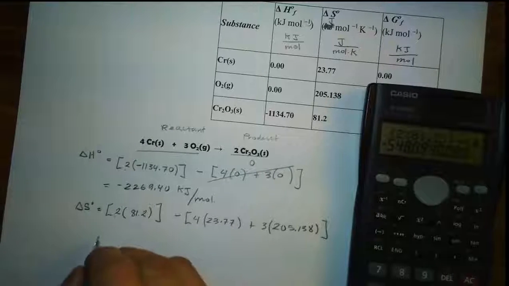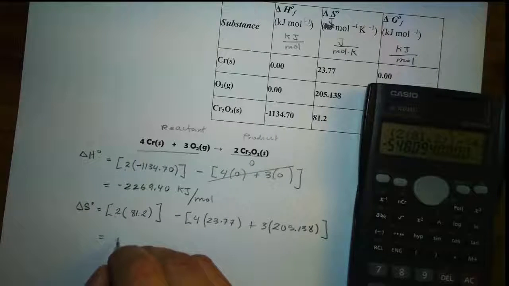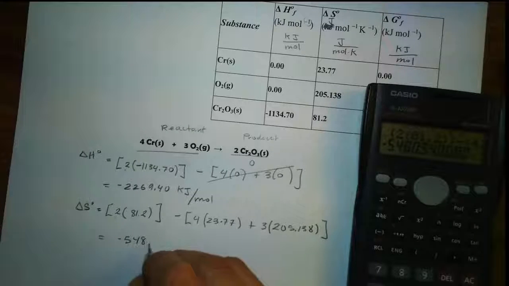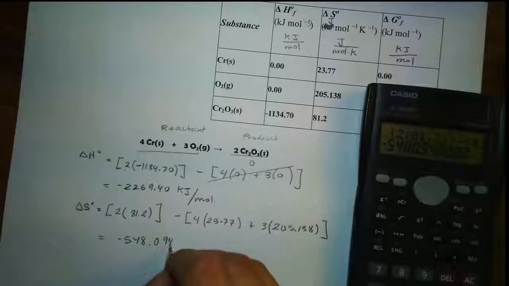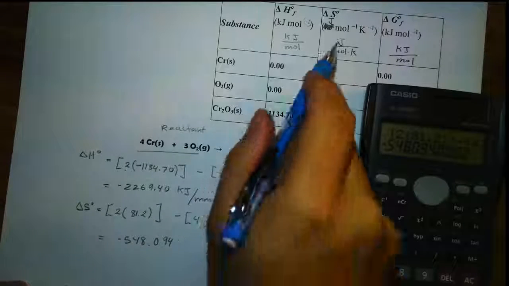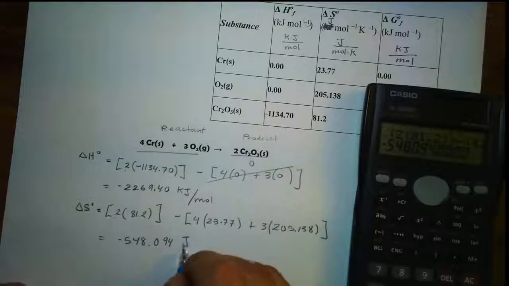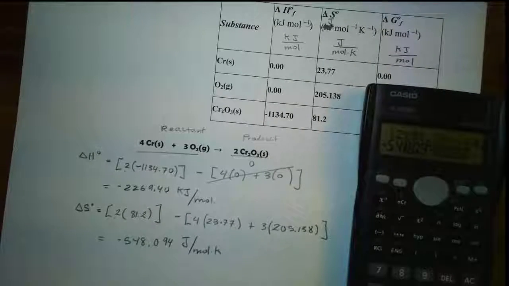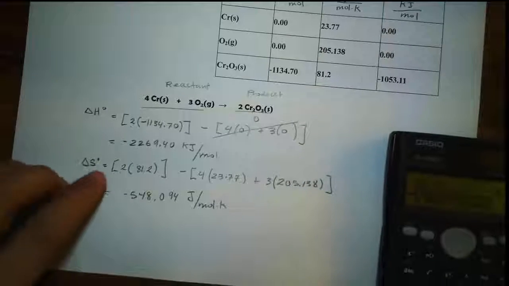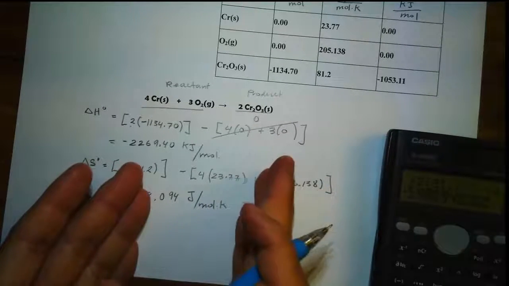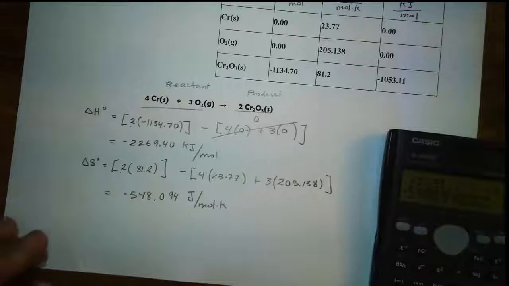And there you go. We have a final answer equal to negative 548.094. Isn't that easy? And what's the unit for it? Of course, it is joule per mole times Kelvin. So that's the beauty of using parentheses. We don't have to simplify it individually. We just plug directly into the calculator.